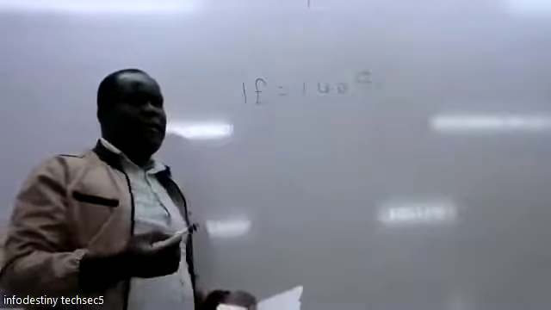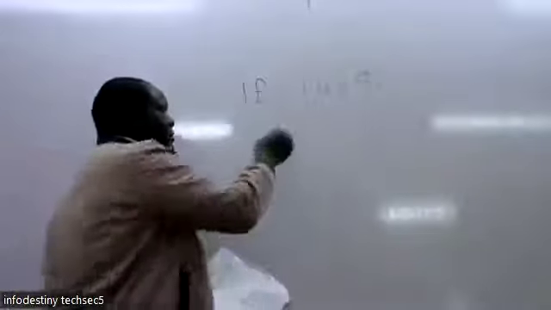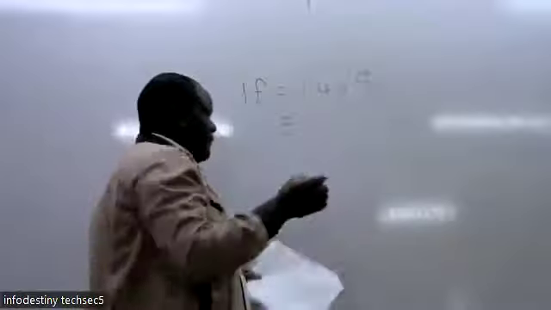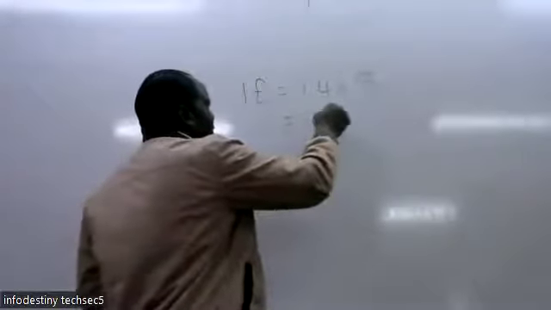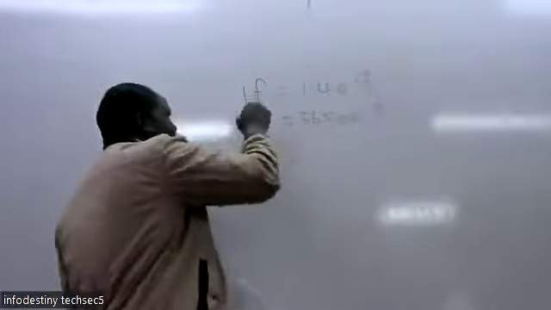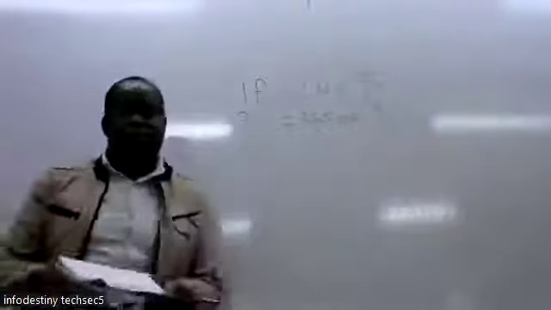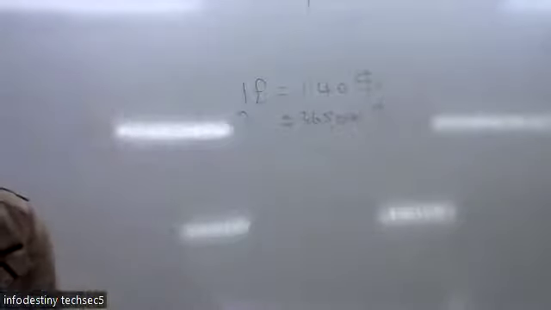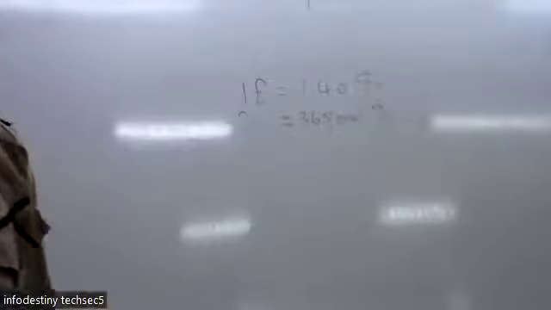And we know there are how many US dollars? There are 365,000 US dollars. So convert that into the pounds.